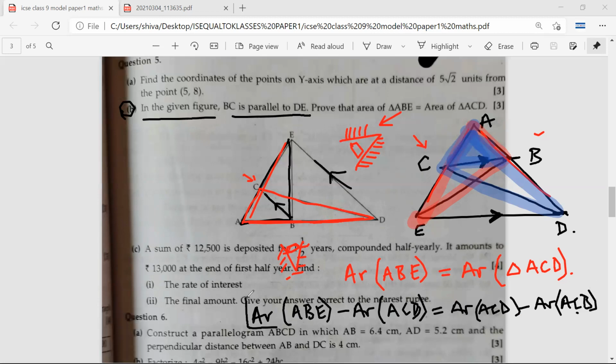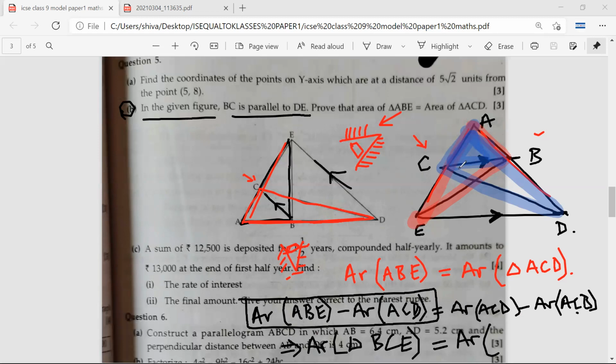So area of ABE minus area of ACD would be equal to area of ACD minus area of ACB, which would be equal to area of triangle CBD.